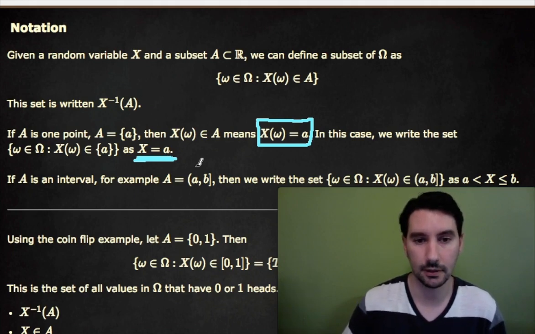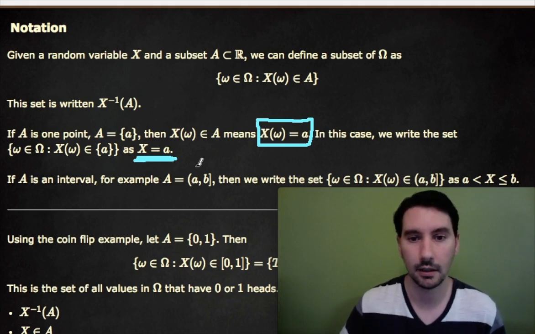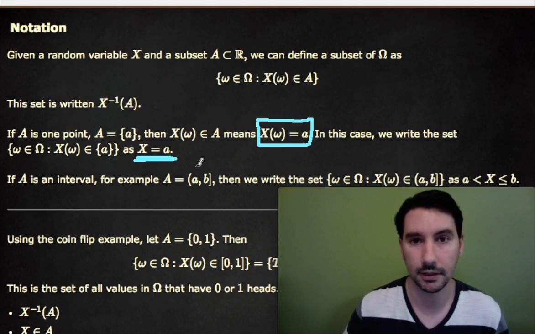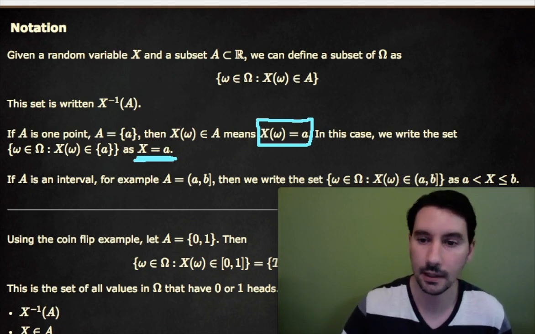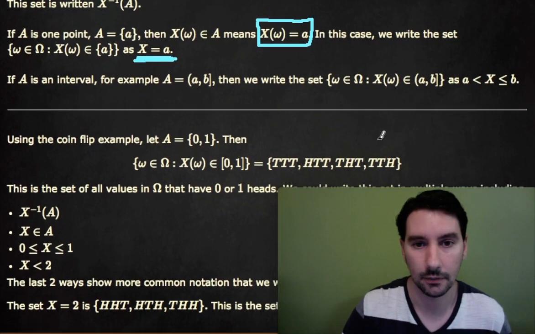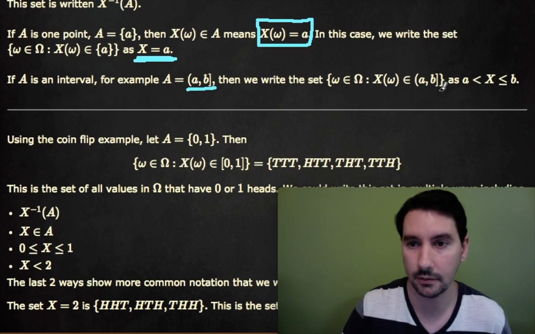Whenever we're saying the random variable X equals A, we mean the set of all points omega such that X of omega equals A. Similarly, if we're on a half open interval from A to B, then to say the set of omega such that X of omega is in that interval, we just write A is less than X is less than or equal to B.